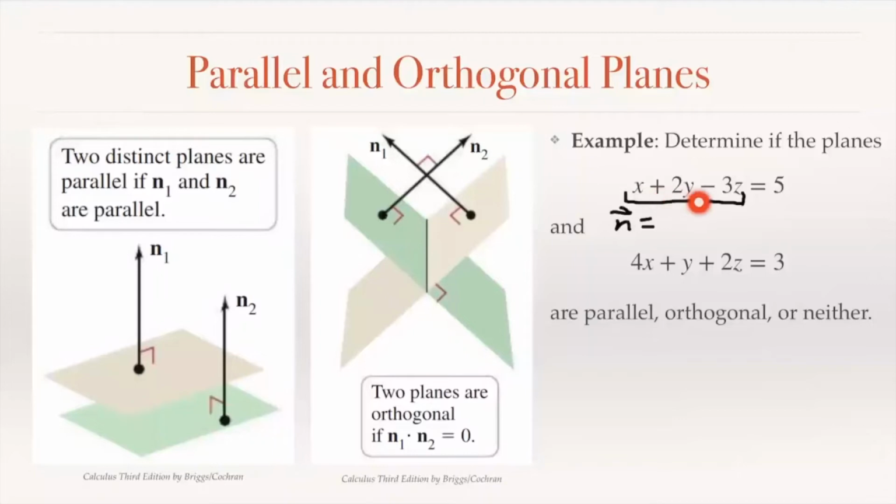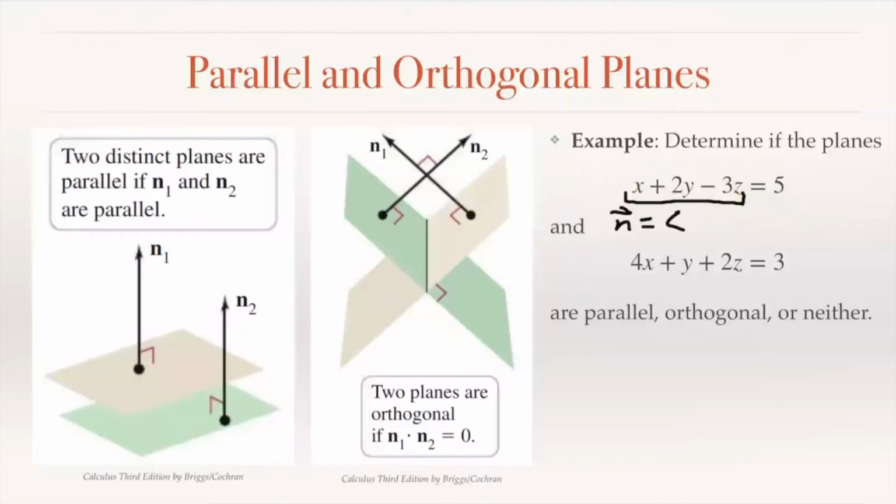I know that the point normal form of a plane has our x minus x naught, but we can just move that to the other side and it doesn't change the coefficients. I mean, we can move the x naught, y naught, and any scalar multiples of them to the other side, and the coefficients of x, y, and z are still the components a, b, and c of the normal vector.